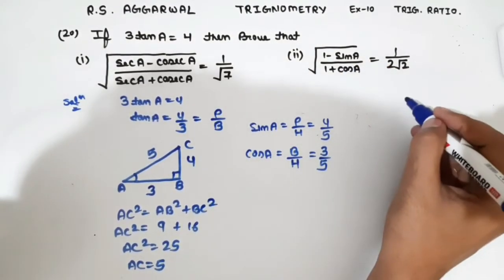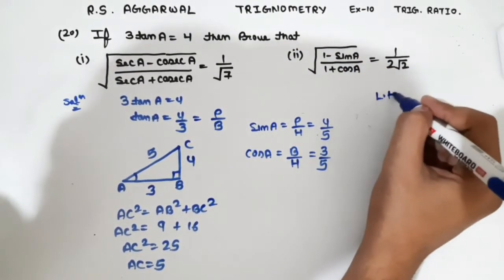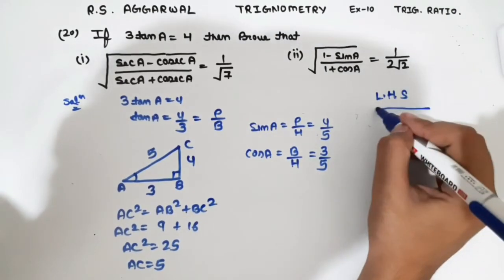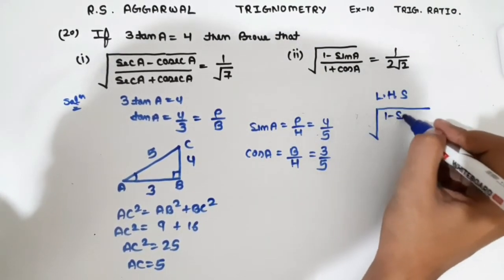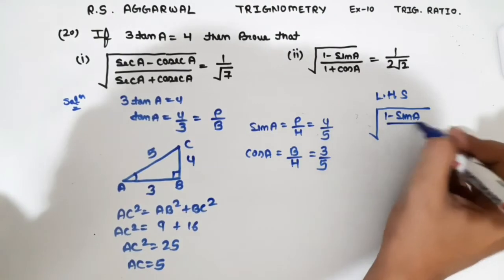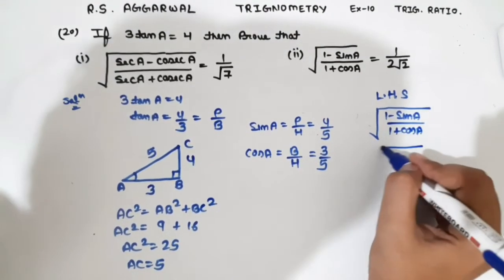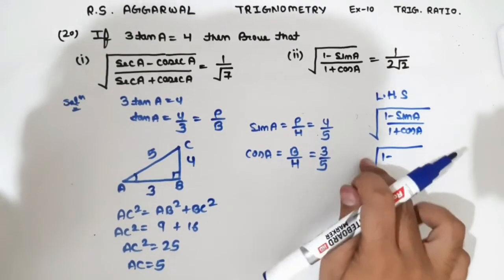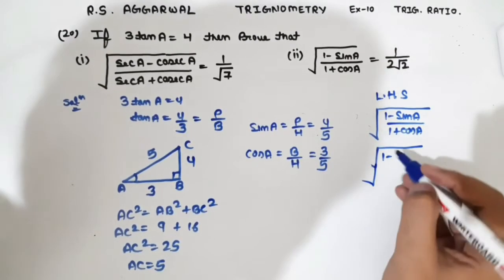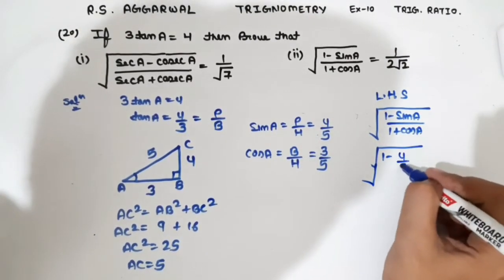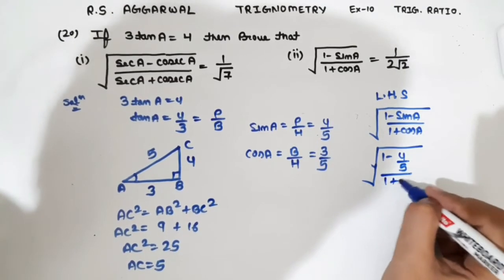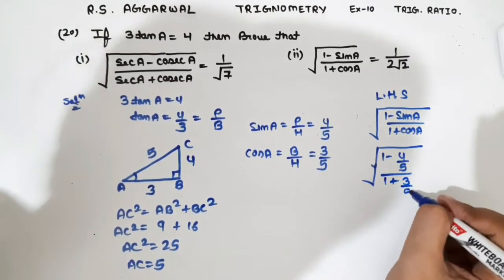So now from the left hand side, under root 1 minus sin A upon 1 plus cos A, putting the value, 1 minus sin A is 1 minus 4 upon 5, upon 1 plus cos A is 1 plus 3 upon 5.